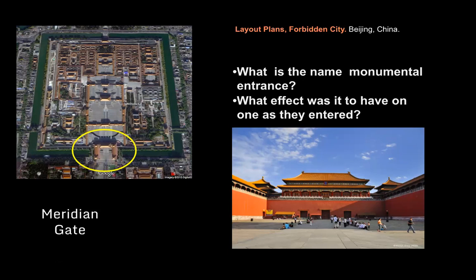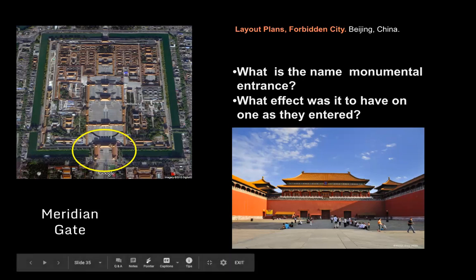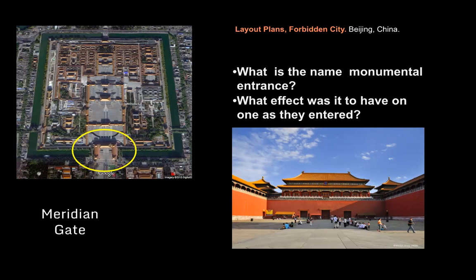Slightly different. So the very first image that you guys have is this gate, right? It's intimidating, it's grand. Look how tall those walls are, right? So the Meridian Gate is really focusing on the power of what takes place on the inside.